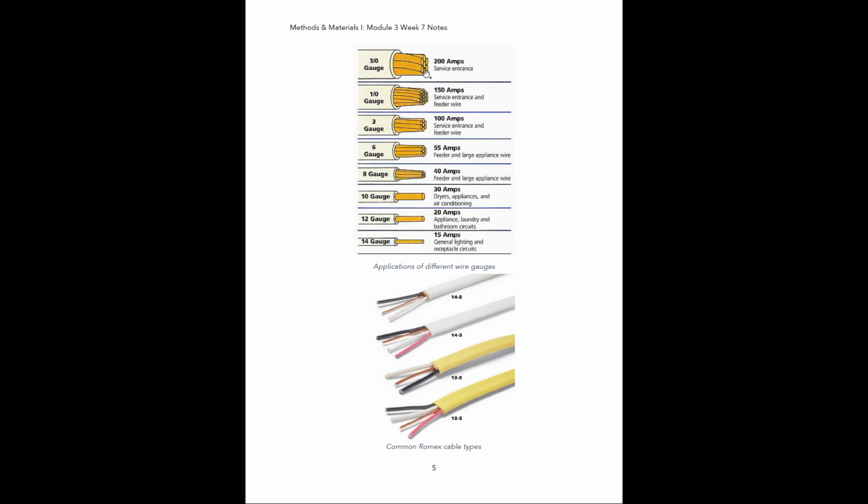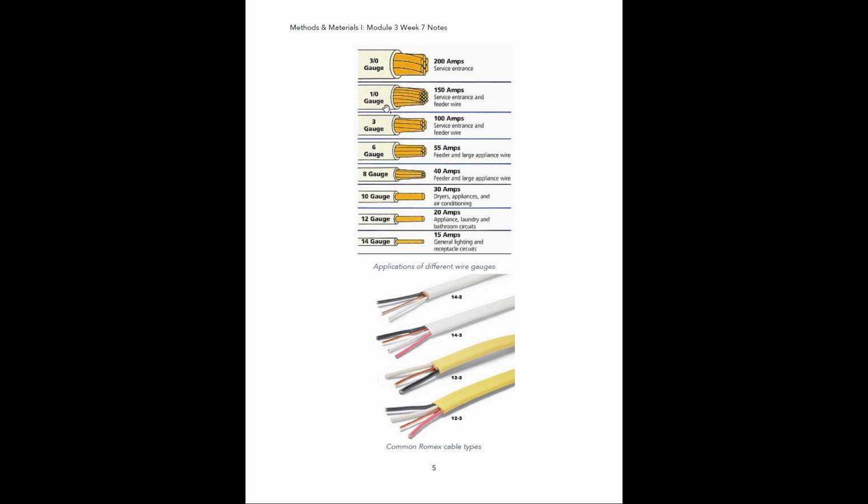This is going to be rated to carry 200 amps of electricity, and this is what you would have at the service entrance. If you think about the wire that's coming into your house from the outside to your electrical panel, this is going to be that wire. So this is what's carrying the most electricity into the building.